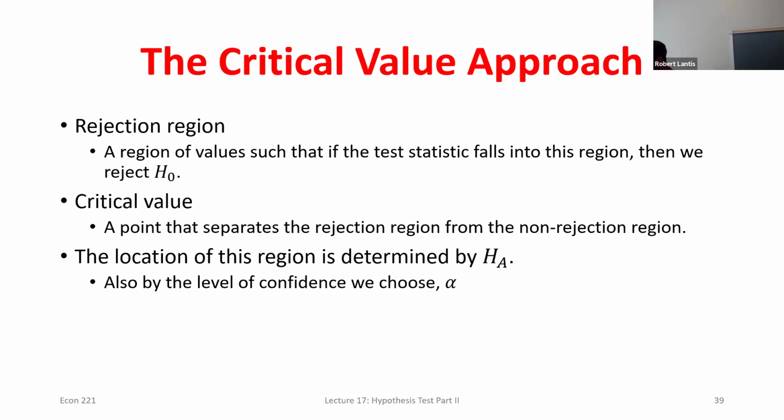So you can think about here, maybe I start out with a null that it's equal to a certain value. Well, now I find sample evidence, let's say it's out here.